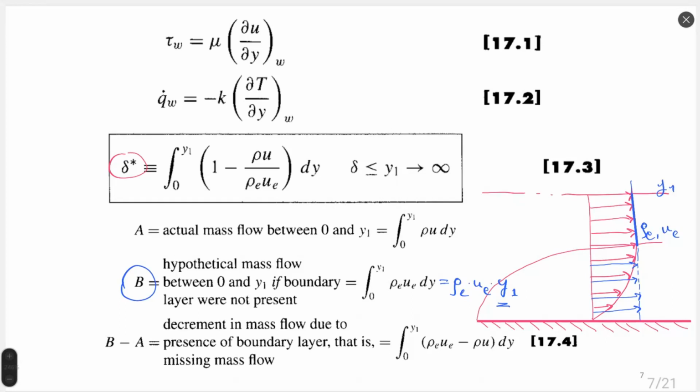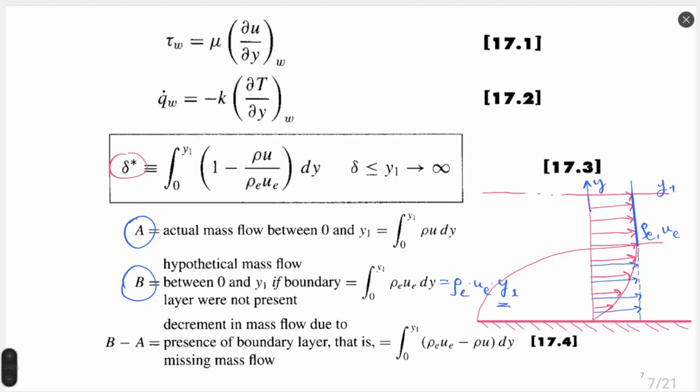But in real flow, boundary layer exists. So instead of integration of product of density and velocity, rho e and ue, we must use actual values, rho and u, in each particular point. So relation A gives us this value, mass flow rate calculated by real values of density and velocity distribution along normal coordinate.